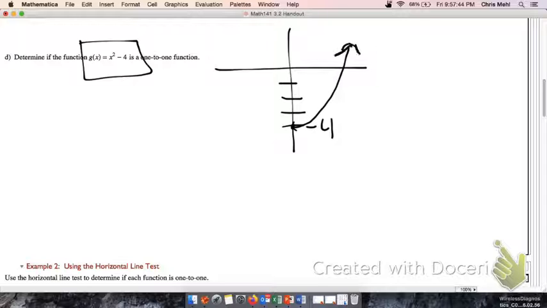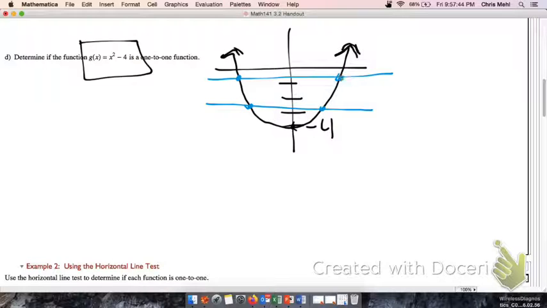Now, ignoring the scaling, it's going to be a parabola opening upward like this, and there's lots of horizontal lines I can test this with, but if you look, you can find horizontal lines that intersect the function more than once. So I know this is not a 1-to-1 function, but how do I do that without looking at the graph?